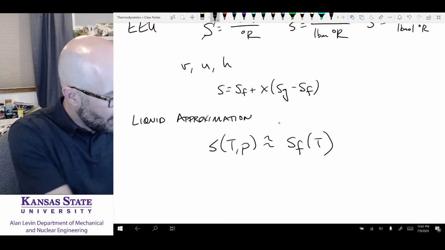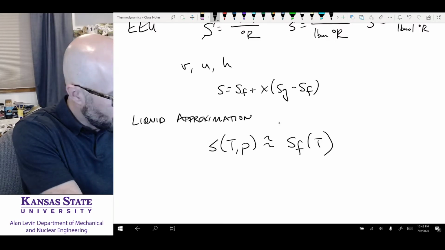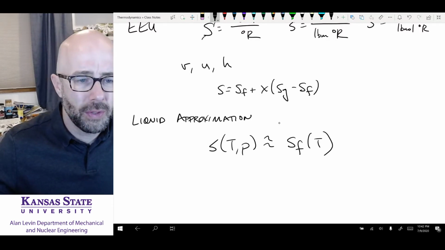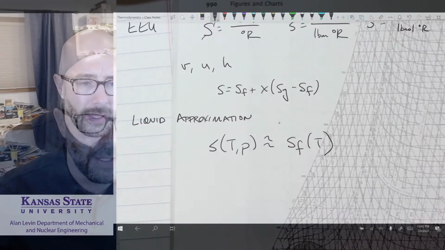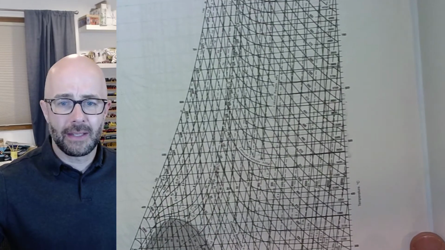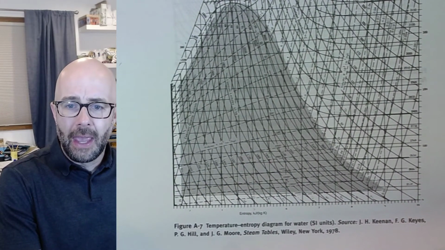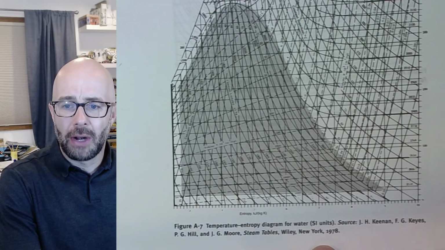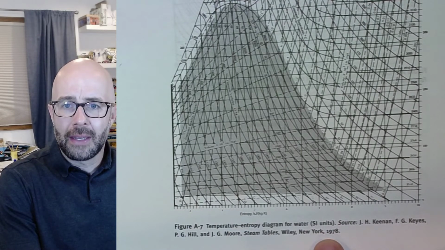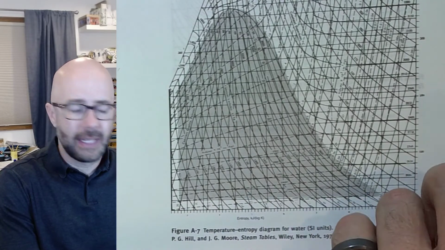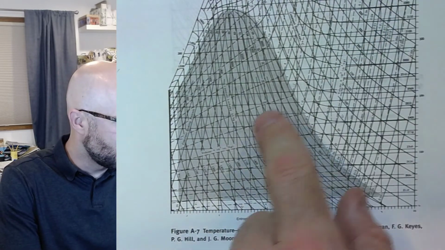Okay. There are a couple of charts, and you're not going to really use this in this class, but I want to show them to you so that you're familiar with them. This figure in the back of your book is a temperature entropy diagram for water, and it has entropy on one axis and temperature on the other axis. It has all these pressures.